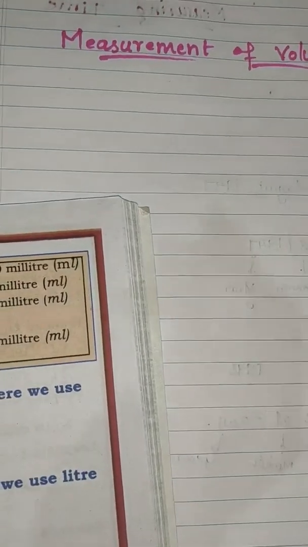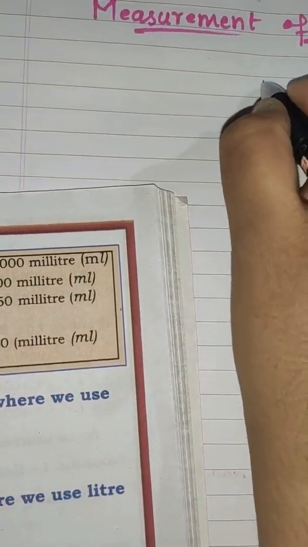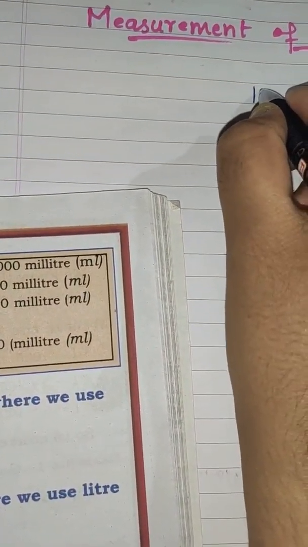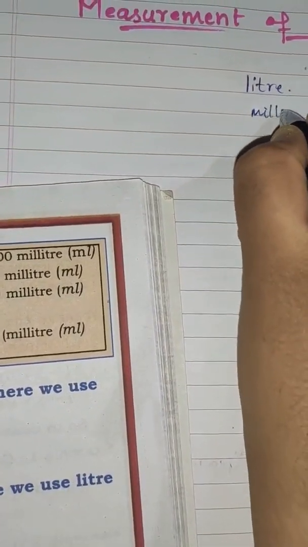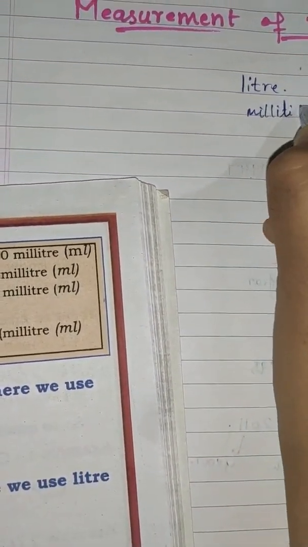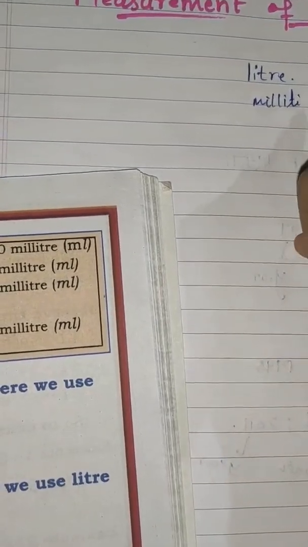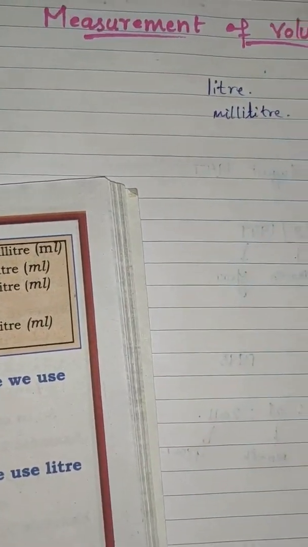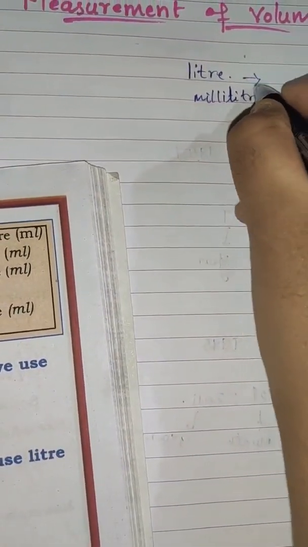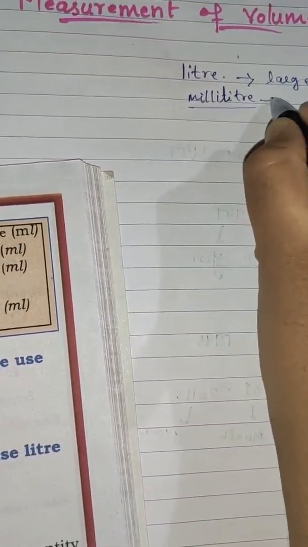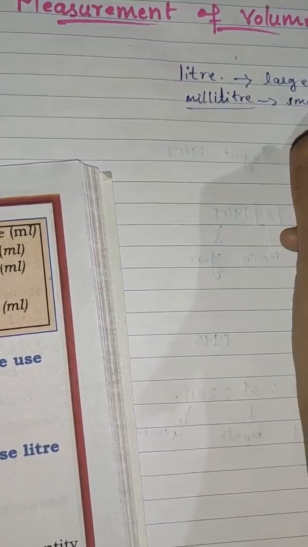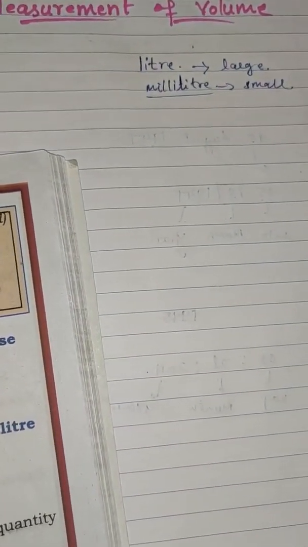So children, as I told you, the standard unit of measuring volume is liter and milliliter. Liter is used to measure large quantity of liquid. Milliliter is used to measure small quantity of liquid.